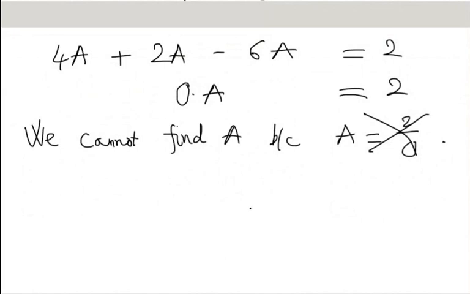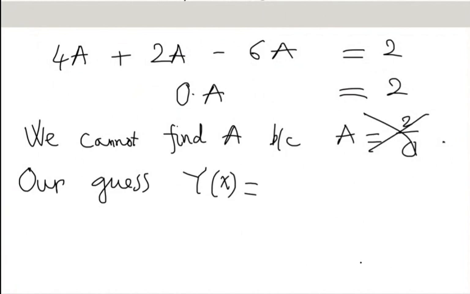So what does this mean here? We cannot find A. What it means is that our guess, capital Y of x equal to A e to the 2x, is wrong.